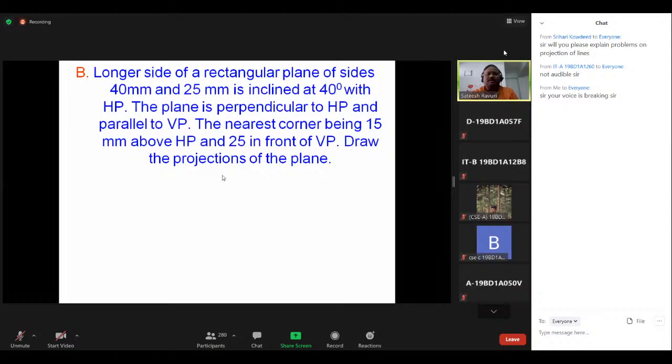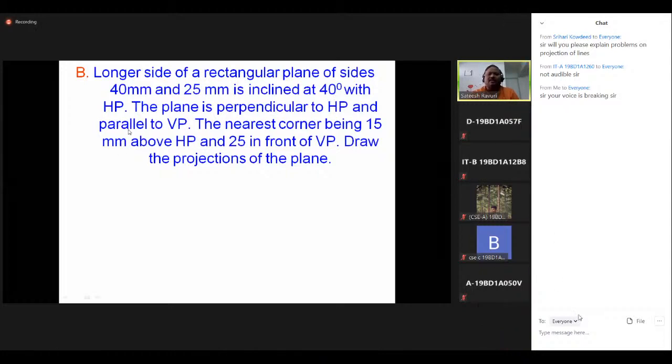But now, the same edge is making an angle of 40 degrees with HP. Then the plane is perpendicular to HP and parallel to VP. So the surface position of the rectangular plane remains the same.